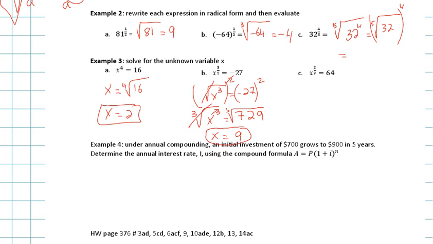The only thing I don't like about this is that it's a positive 9. How am I getting a negative here? Can you do me a favor? Can you do 9 to the power of 3 over 2? Open bracket, positive 27, right?